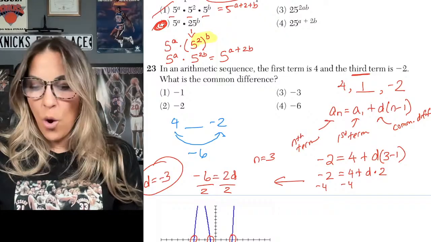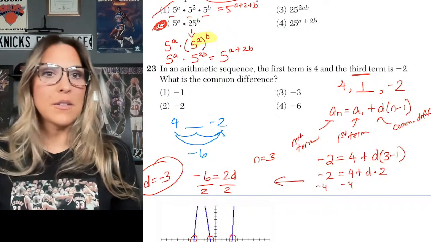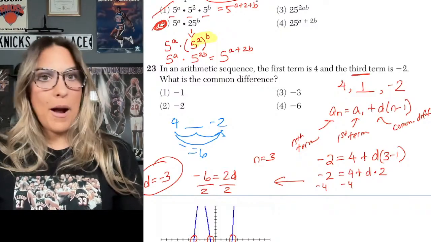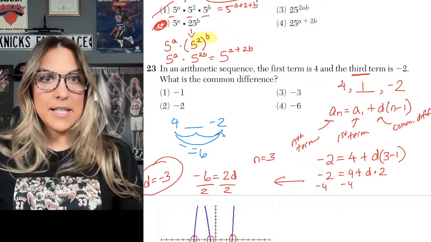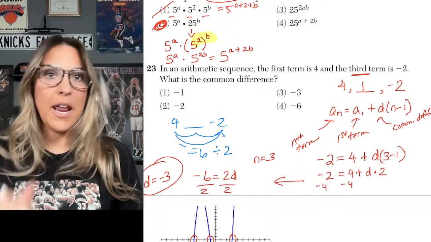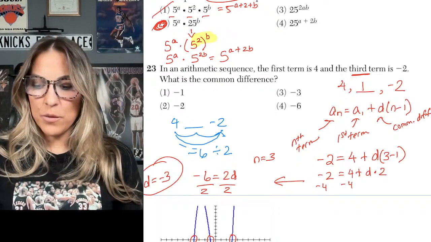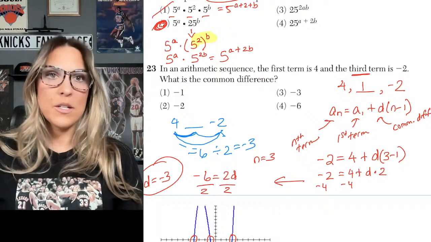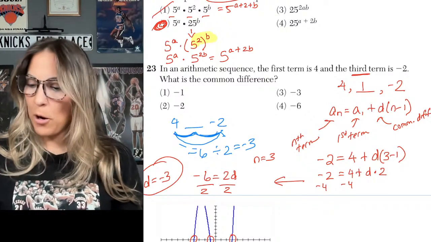I had to do 2 cycles of subtraction, essentially. So what you can do is take the whole amount that you had to add, which is negative 6, and just divide it by the number of times that we're going to have to subtract. And we did 2 loops. So negative 6 divided by 2 is negative 3, which means that each time we're adding negative 3. I hope that part makes sense.